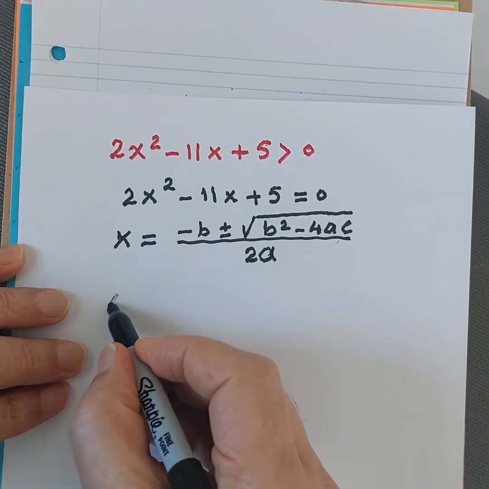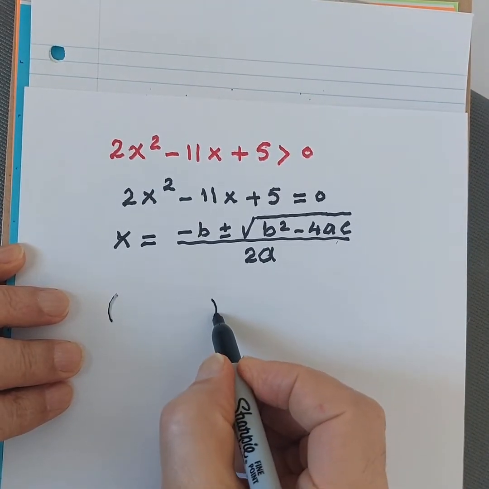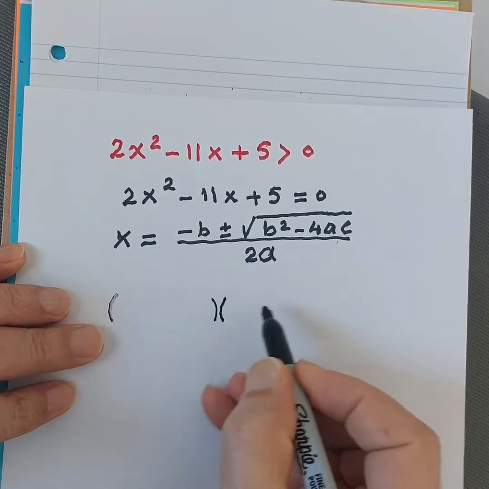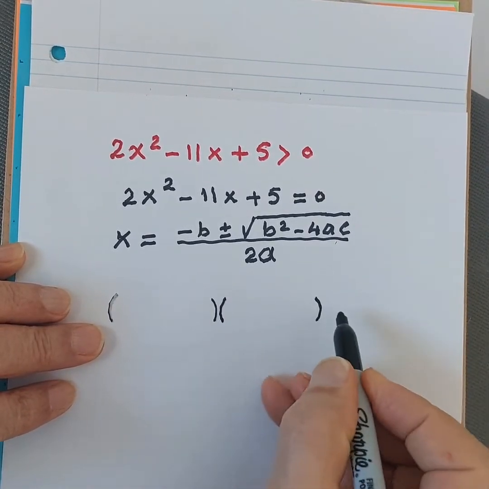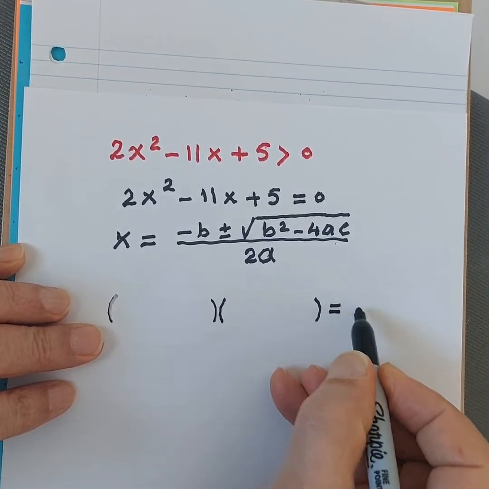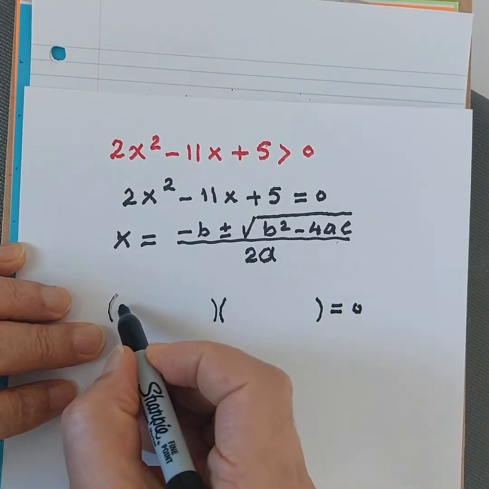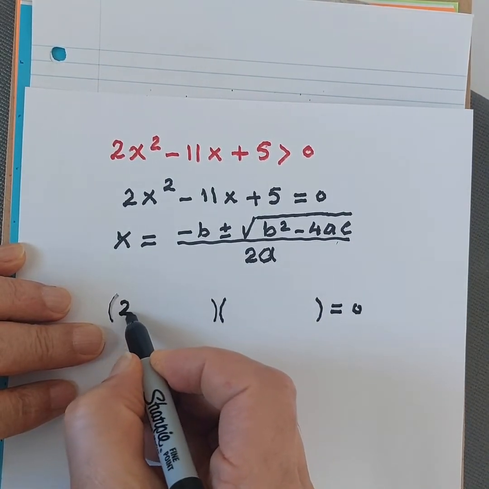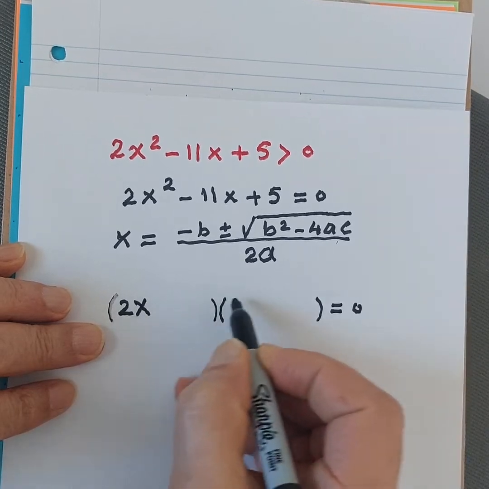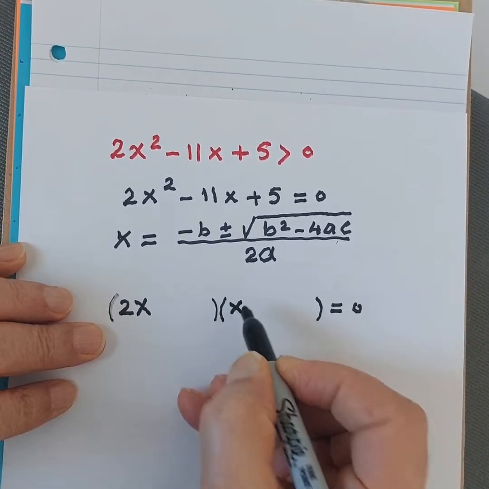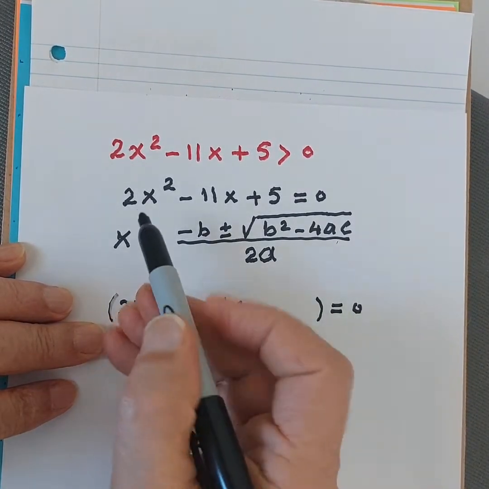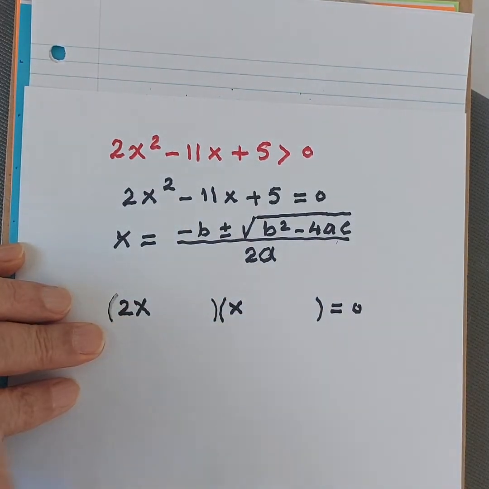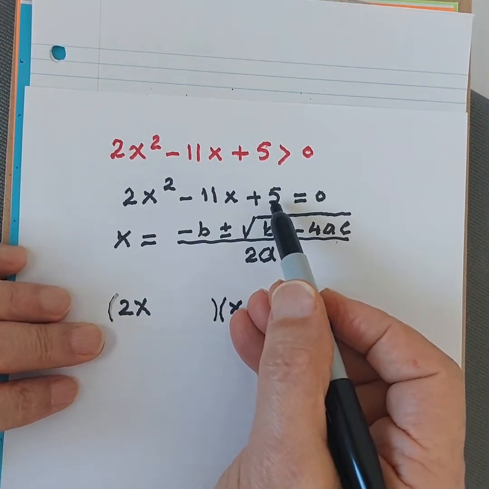or you can solve it by factoring if you can make factoring easier, so you can follow whichever one. Here it can be factorized into 2 brackets multiplied by 2 brackets is equal to 0, and we start with writing here 2x and here 1x. When we multiply those together we get 2x squared. Then we will go directly to number 5.